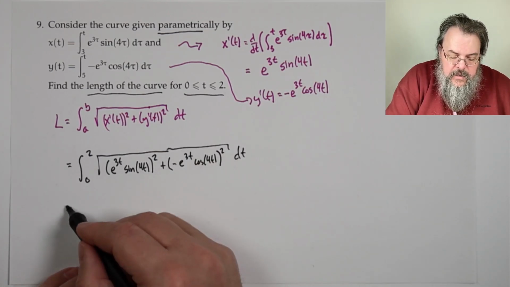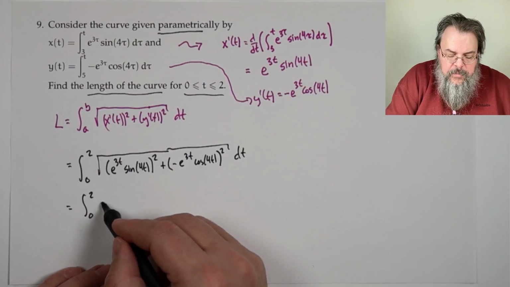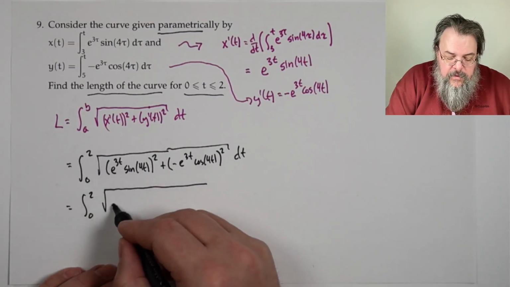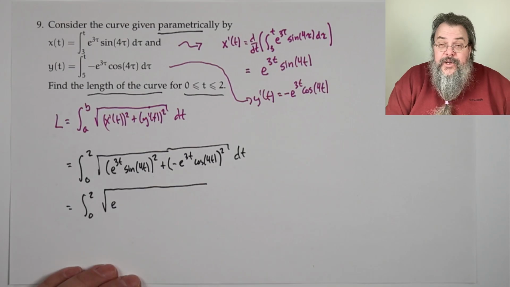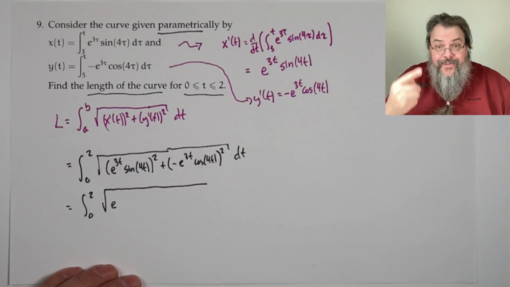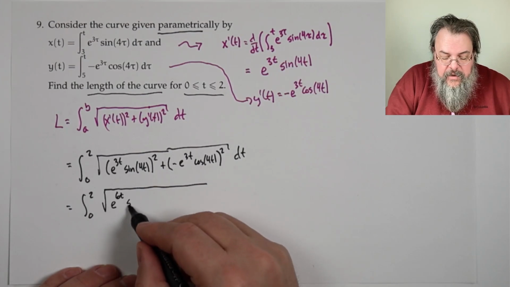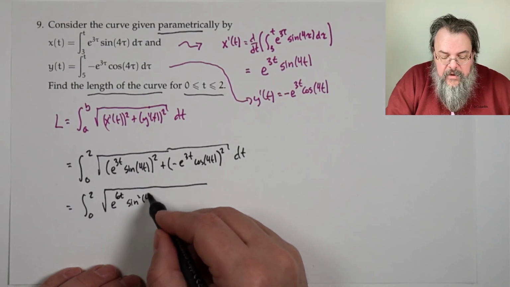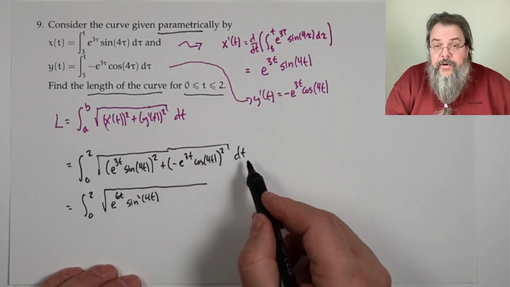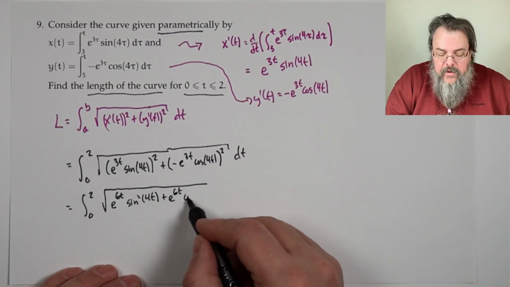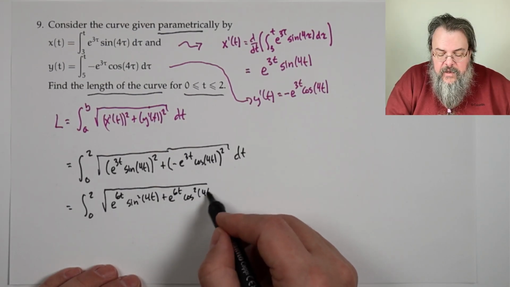I don't think this will be hard. I just think we'll have to write down a lot. Let's go ahead and square. When you square e to the 3t, it's e to the 6t, 3t plus 3t, and then sine squared. And then the minus squared goes away, so you have e to the 6t cosine squared of 4t.